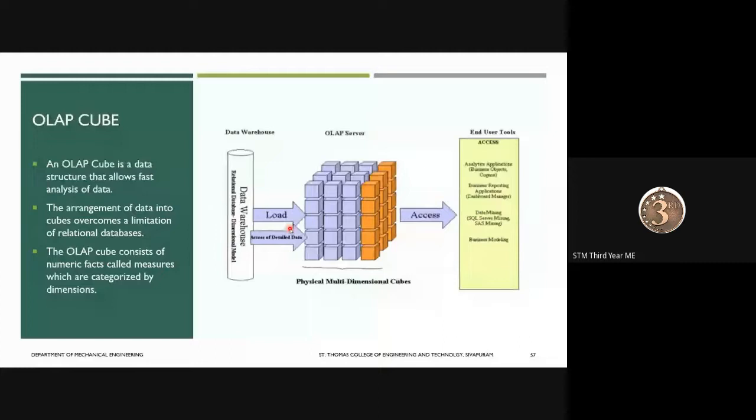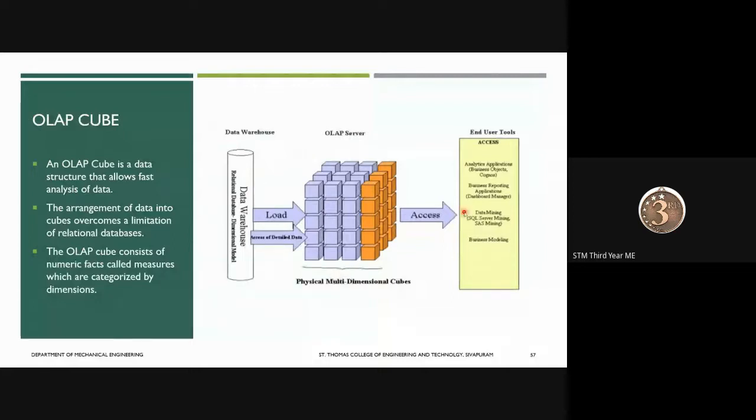So it is being categorized. Under one category there will be some such data stored, and under another, different data. Likewise, all the data are stored in different cubes, and the required data is used by the user, who is basically a worker, an engineer, analyst, manager, etc. These people will be taking the data from that OLAP cube.